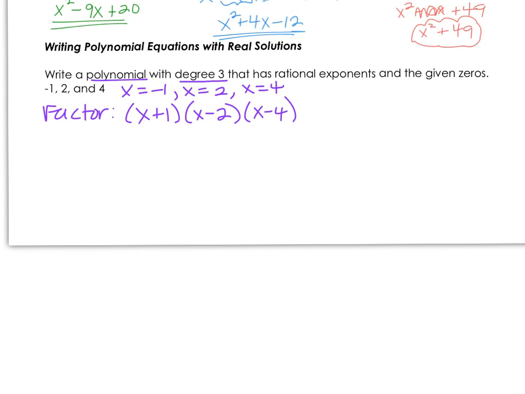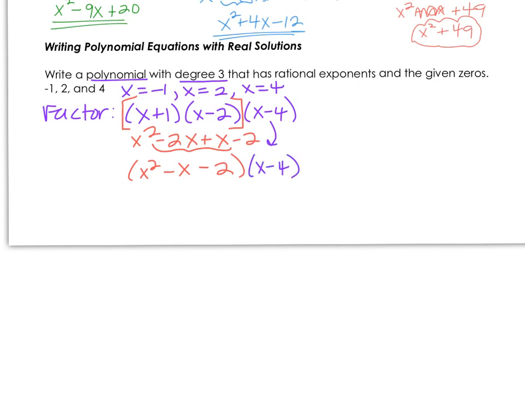So what I want you to do is actually FOIL the first two together. Pause the video and multiply them, combine like terms, then press play, and we'll figure out what to do with that x minus 4 at the end. If you did your multiplication and combined like terms, you should get x squared minus x minus 2. Drop down that x minus 4, and now we're going to FOIL everything.